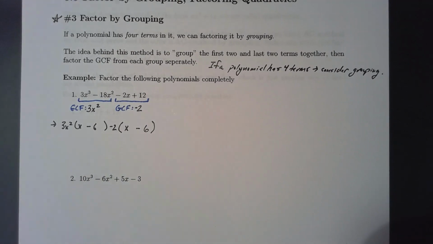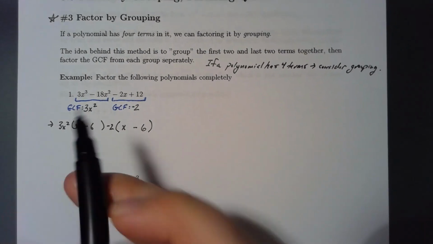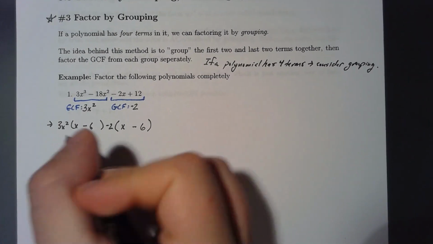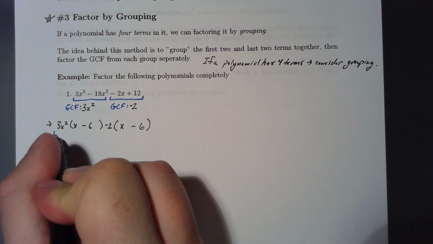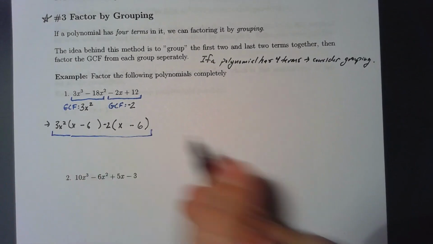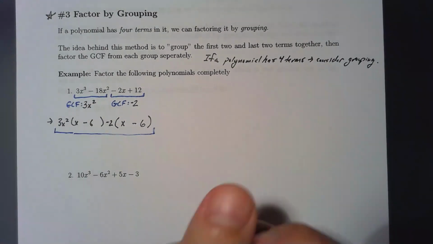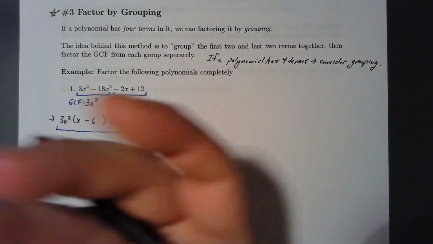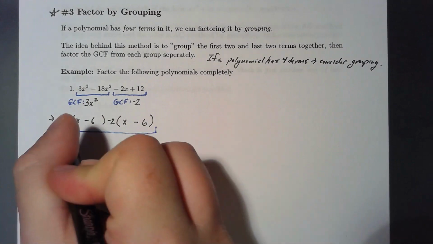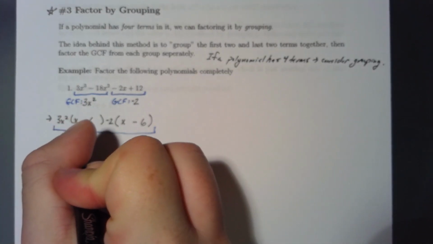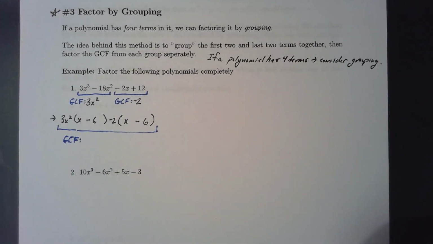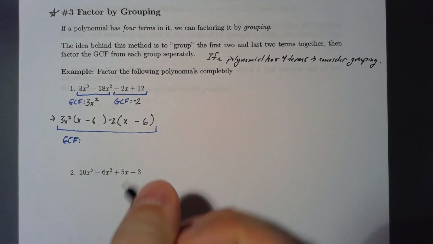Now I want you to look here. If I look at the whole polynomial, this is this times this quantity minus 2 times this quantity. Now what I want to do is factor the common GCF again. This whole thing has a common GCF, and the GCF it has is not just one term, but a binomial itself.